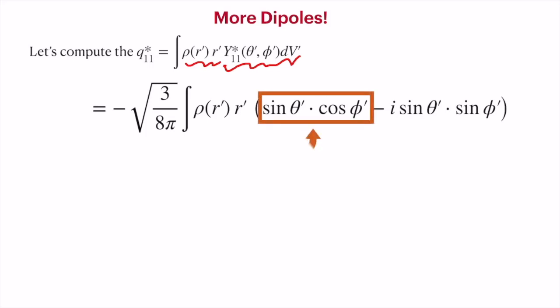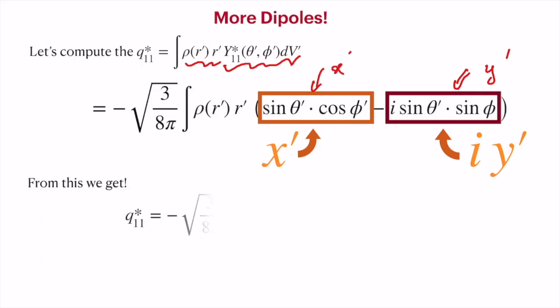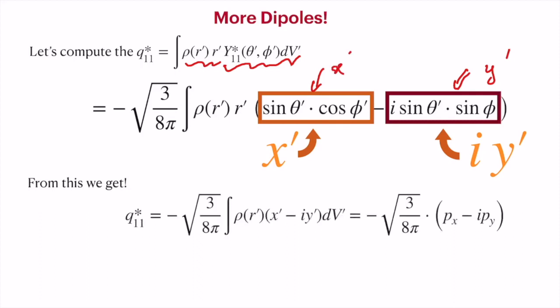But again, we can identify some of the known things. We know that this is the x prime coordinate. Similarly, we can look at this quantity, that is y prime, and this is x prime, and then we can combine them, and we get an expression in terms of p_x and i p_y.